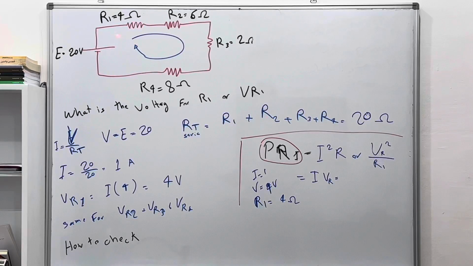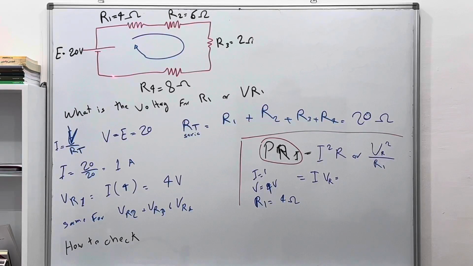Also, we use it because we need the current to be common for all these components. R1, R2, R3, R4 are using one I, which is the current. So in this case we need series.